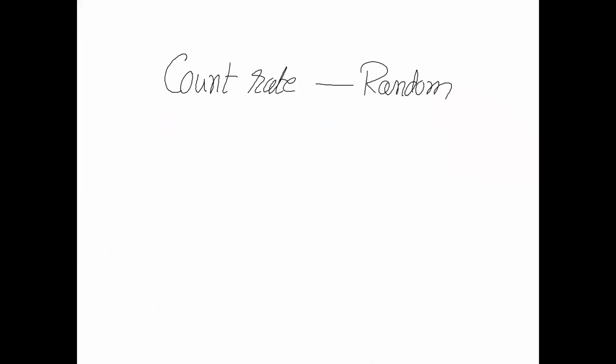So now write under it, the count rate of a GM tube fluctuates.